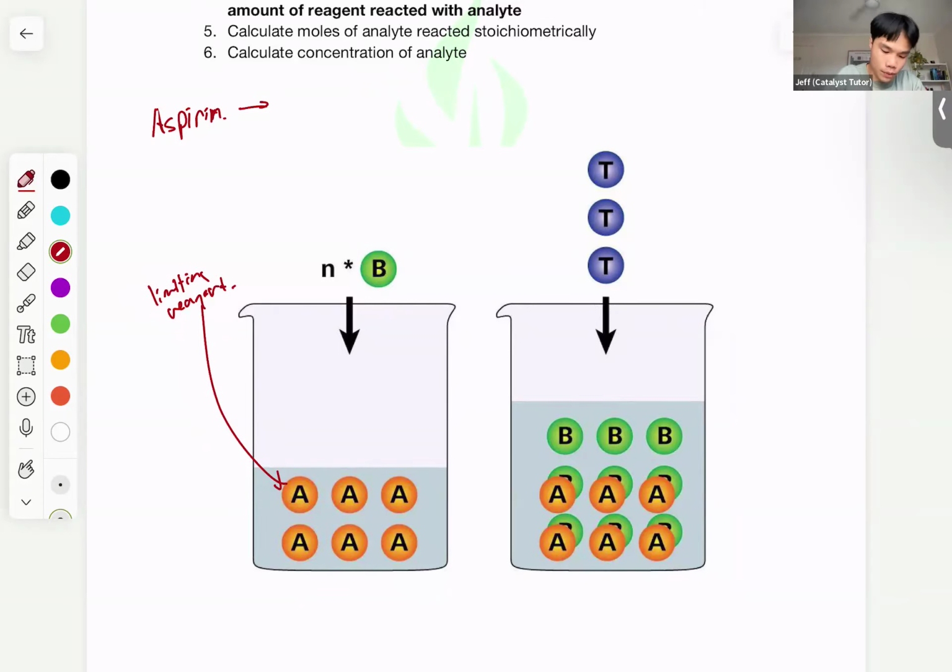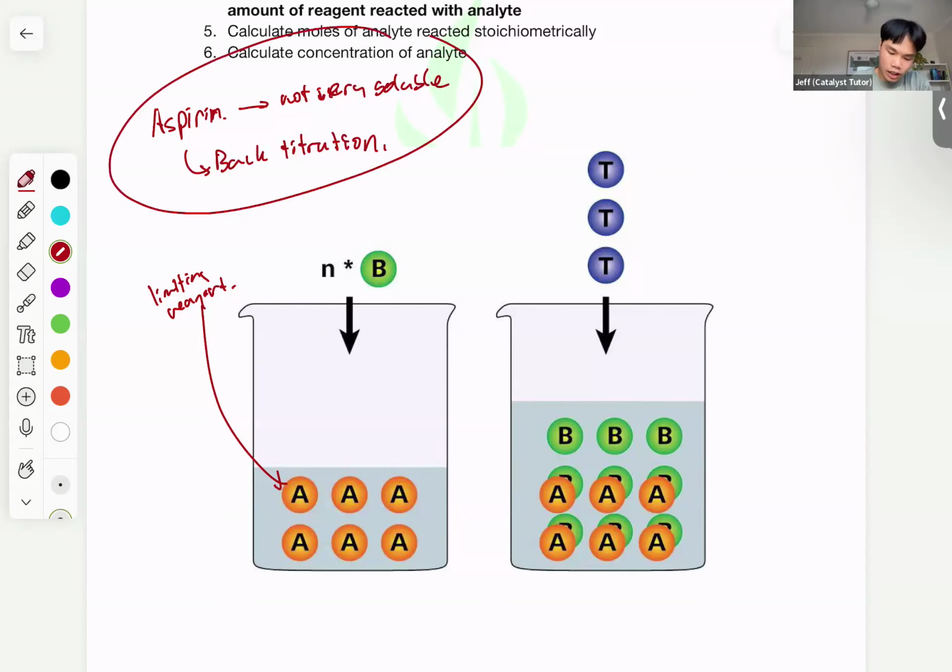So a better approach for something that is not very soluble is to use back titration, where you're placing a limited amount of the acid or base that isn't very soluble into an excess to be neutralized.